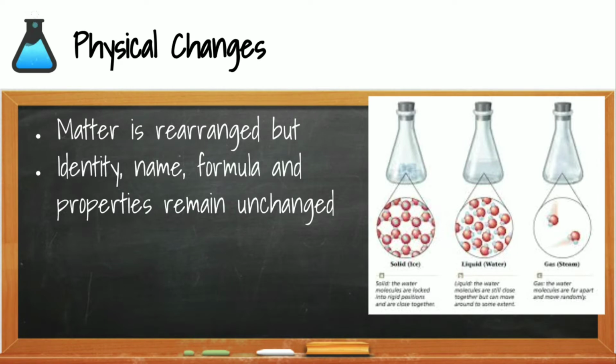So that means that the name and the formula and the properties of the substance will be unchanged after a physical change. So here you can see that we have 3 flasks of water that are undergoing a physical change. We are changing from solid to liquid and then to gas.